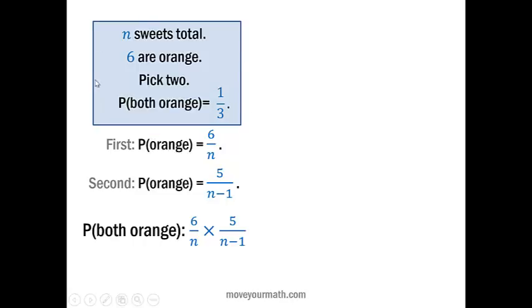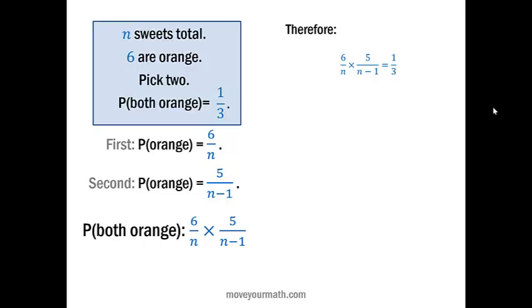This was the information we're given in the question. So our first bit of answering it is finding the probability that they're both orange, and then we set that against the fact that we're told that value, it's a third. So we've got 6 out of n times 5 out of n minus 1 must equal a third.